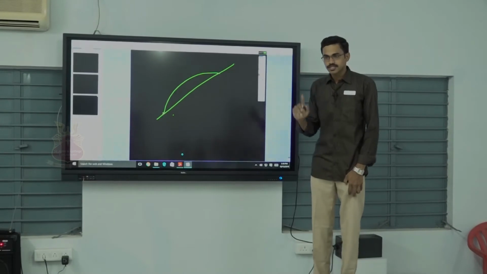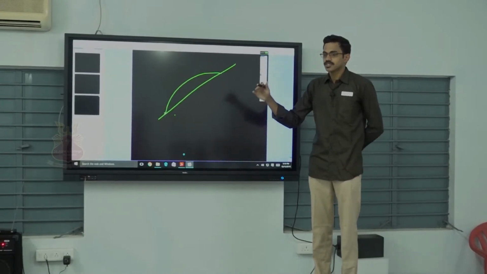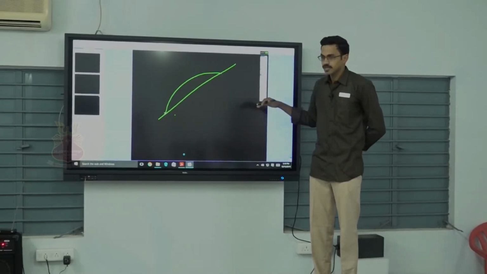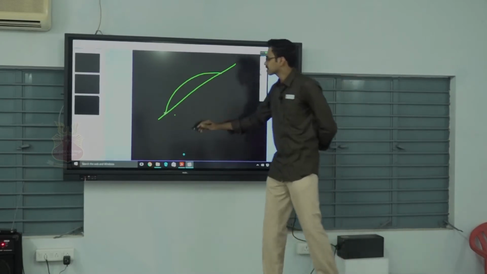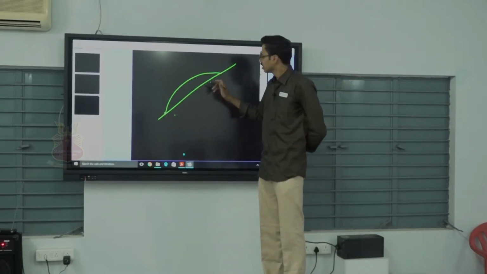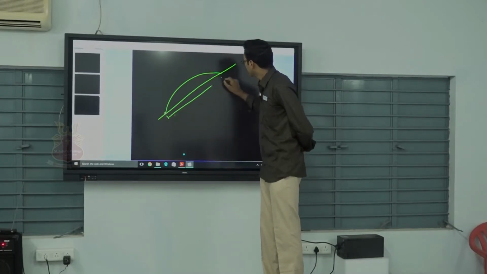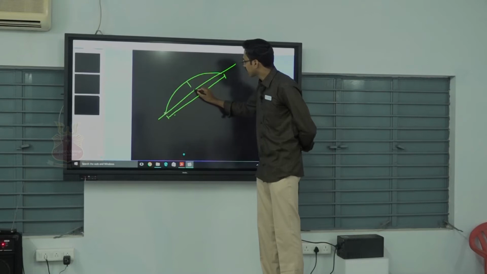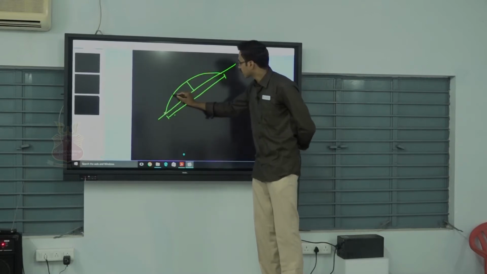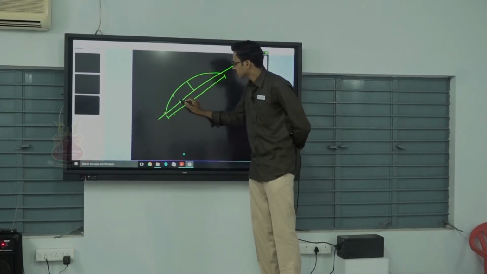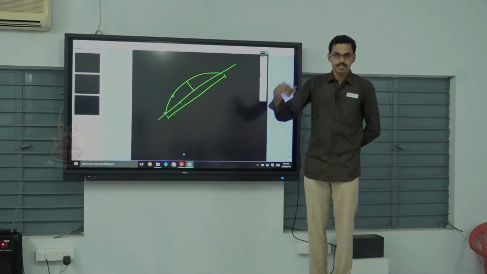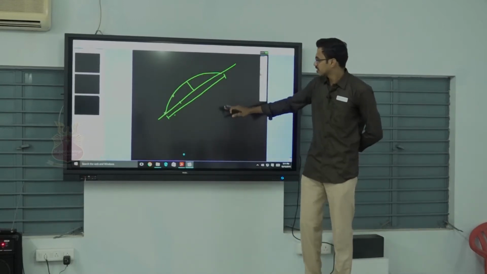Then we discuss the same idea as we discussed in the horizontal plane. We want to calculate the range and greatest height, and at any point what is the x component and y component. The same thing we want to discuss in this case.